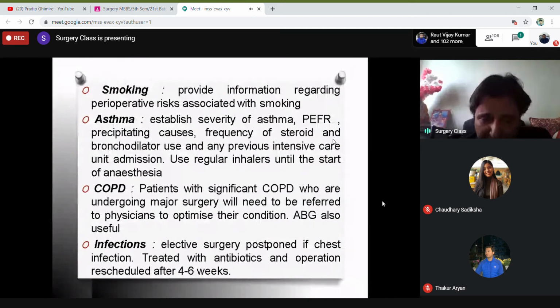The patient may land up in ICU even if you do a simple procedure like a laparoscopic cholecystectomy or an appendectomy. Post-operatively the patient may have a flare of infection. So whenever you see any chest infection in an electively posted patient, we have to first treat those infections, and only then undertake the surgery.